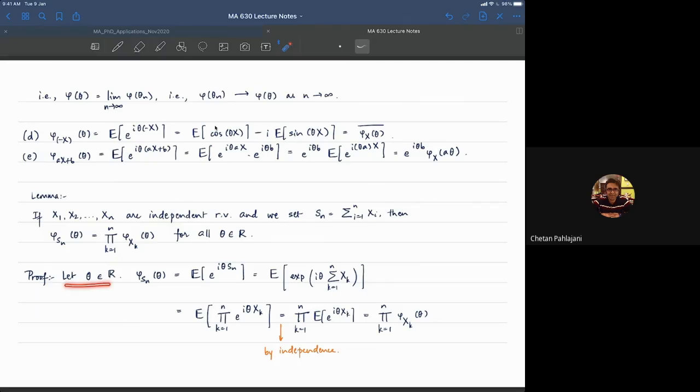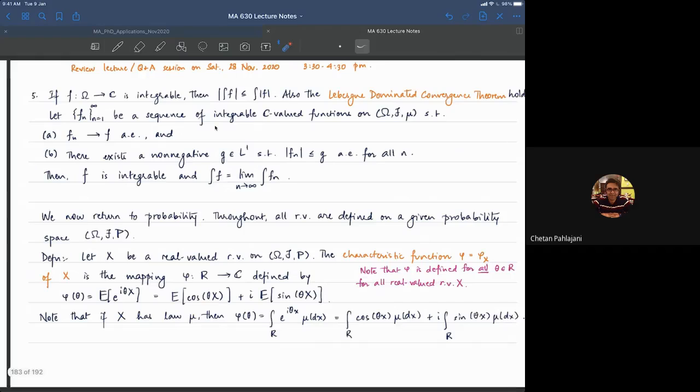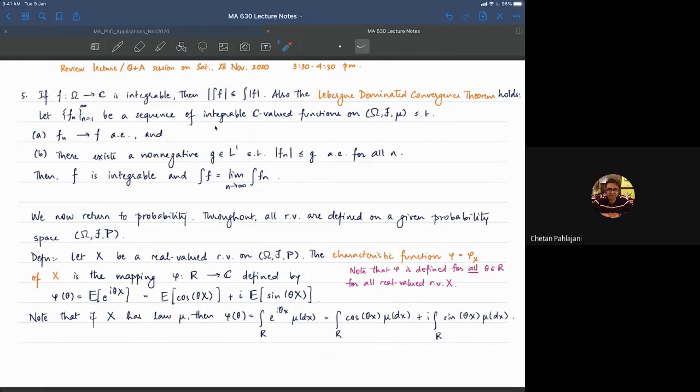Let theta be in R. Sometimes I write just phi, when there's only one random variable in town and no danger of confusion. When there are multiple random variables floating around and I want to specify which one I'm speaking of, I may write phi subscript x. Similarly, when you see phi Sn, you should know this is the characteristic function of Sn.